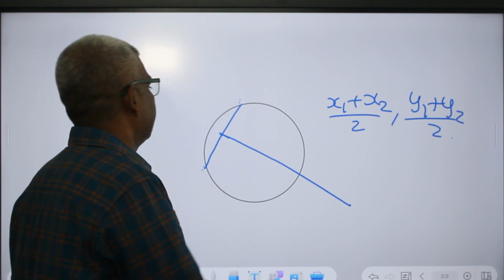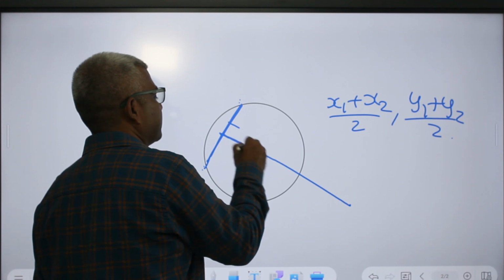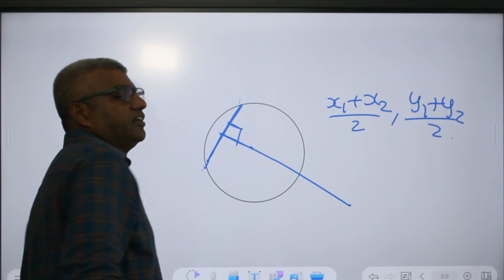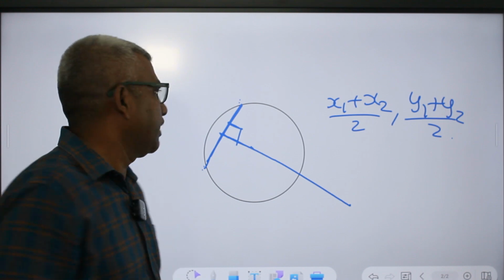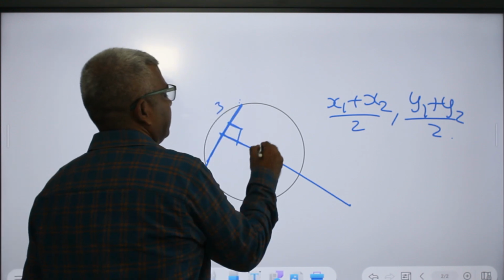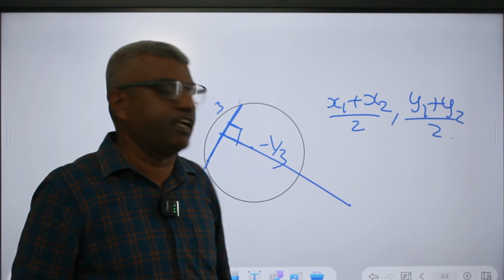From this, we have to find the perpendicular bisector line. This gradient and this gradient are perpendicular, which means m1 times m2 is -1. Suppose this is 3, this will be -1 by 3. So m2 is -1 over m1.